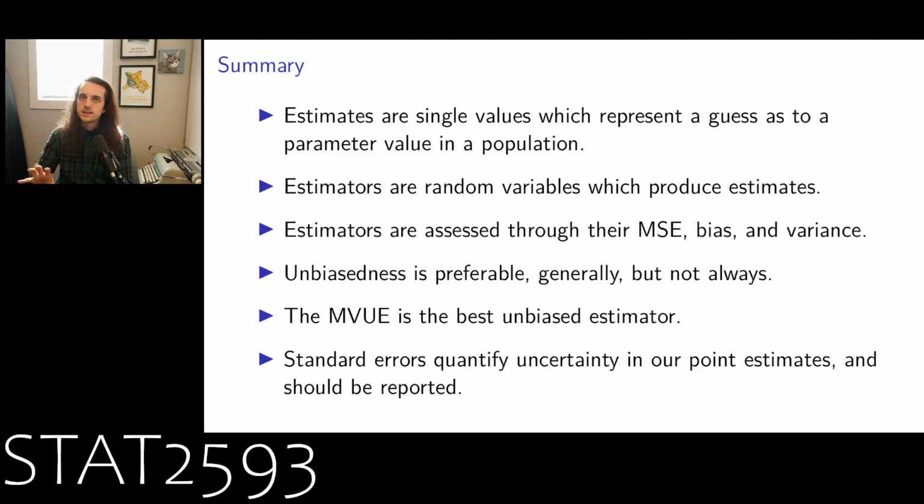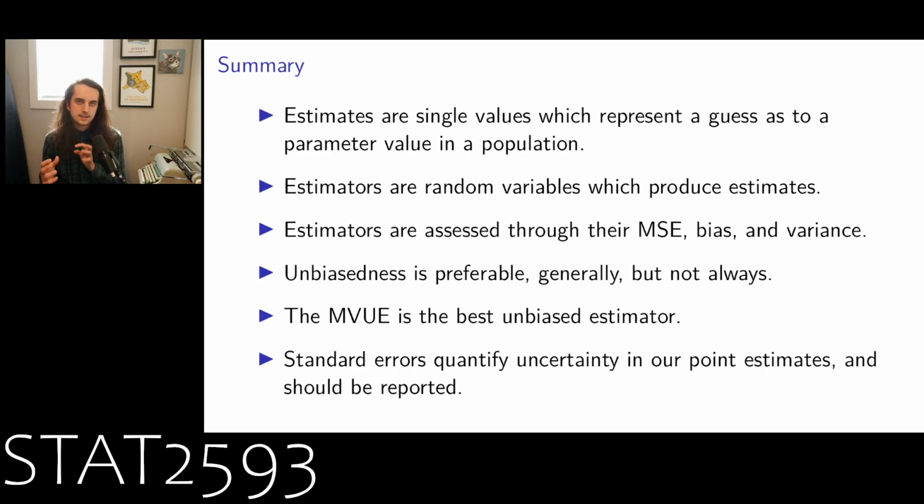The MSE can be broken down into the bias squared plus the variance, right? We saw that the bias is the difference between the expected value of the estimator and the true value. And if the bias is equal to 0, then we say that it is an unbiased estimator. In general, we prefer unbiased estimators, but it's not always going to be the case.